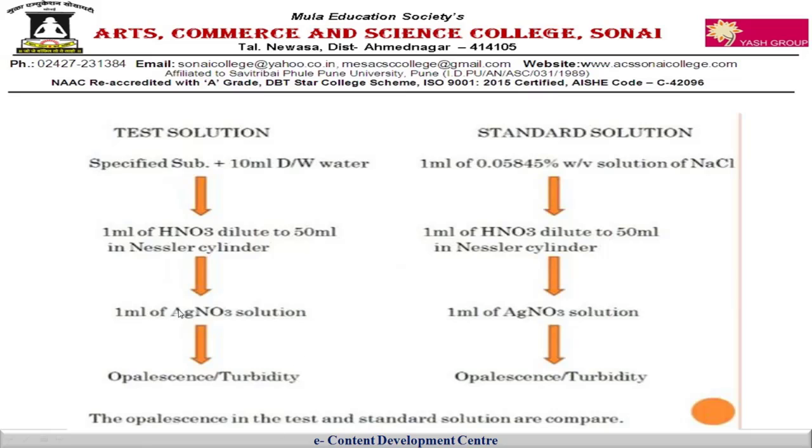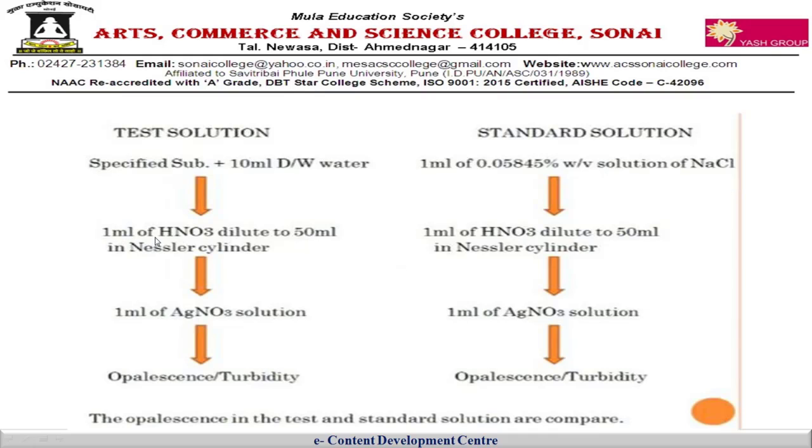So here again, how to prepare the test solution and how to prepare the standard solution. The procedure is given: take a specified substance and add 10 ml of distilled water in a Nessler cylinder. In the standard solution, take 1 ml of 0.05845 weight by volume solution of sodium chloride in a Nessler cylinder.